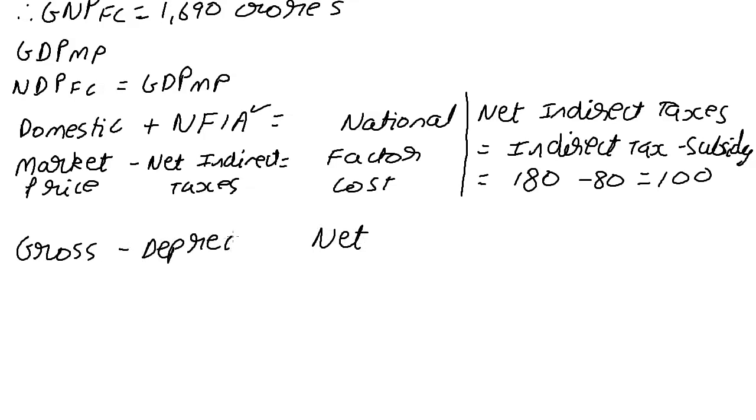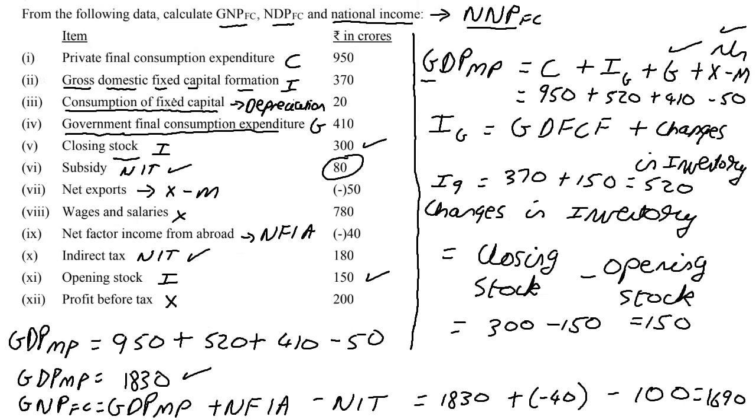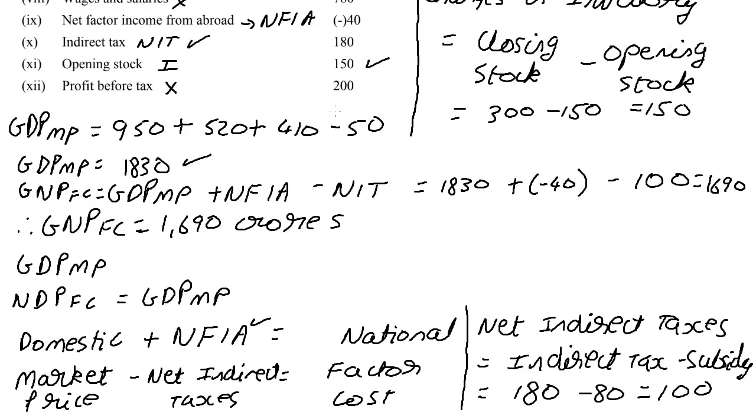They've used a very fancy term for depreciation: consumption of fixed capital, 20. So no problem, we have depreciation, or simply D.